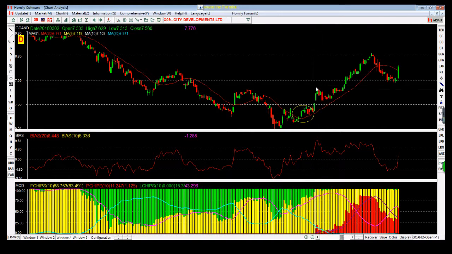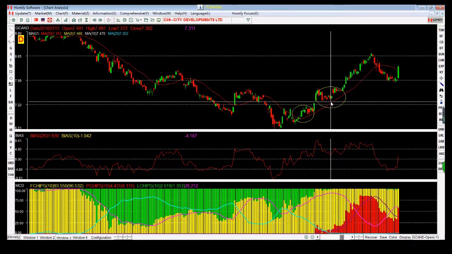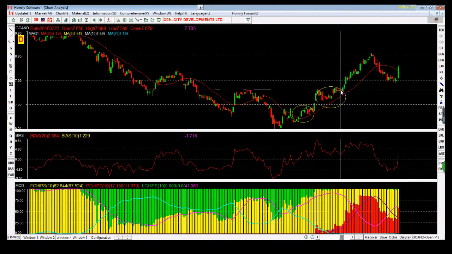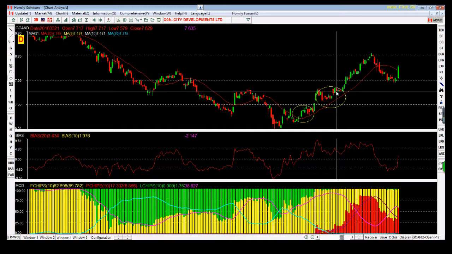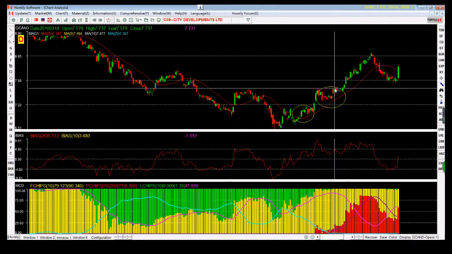The price declines near the moving average, but fails to go through it. For the following days, it rises up very fast. It's considered to be another buy point.